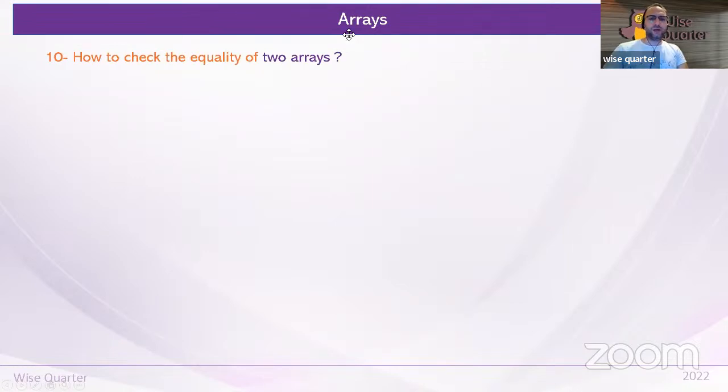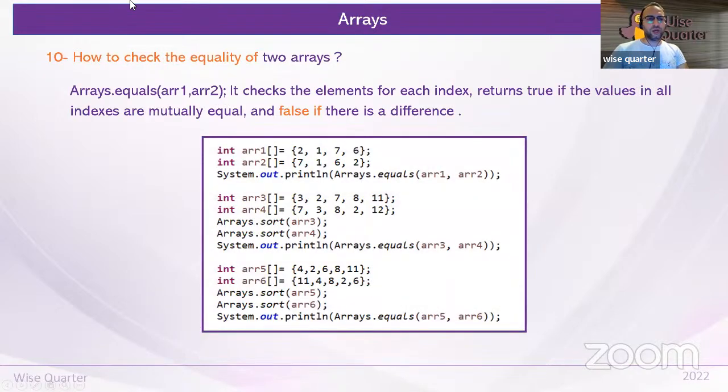Yes, if you are trying to compare two arrays to see if they are exactly same, how can I check that? It's not a very hard question. Let me explain it. The short answer, they should be exactly same. Otherwise, the answer will be false. If there's a difference, the answer will be false. You can ask help from Arrays class equals.